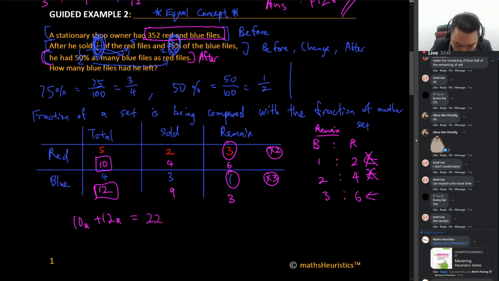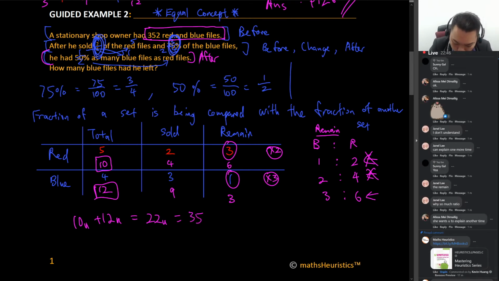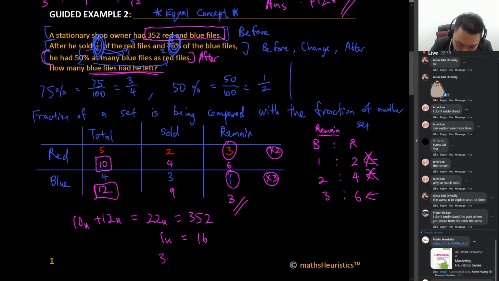A total of 22 units will represent 352. So 1 unit will be 352 divided by 22 to give you 16. And how many blue files had he left? He will be left with 3 units over here. So that will just be 48. Okay? So this would be your answer.